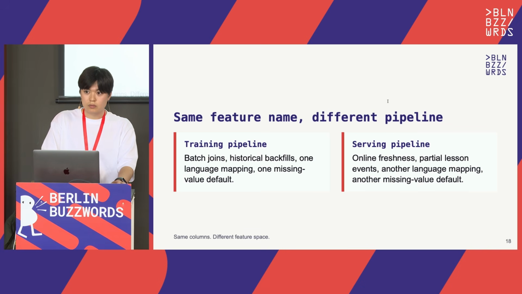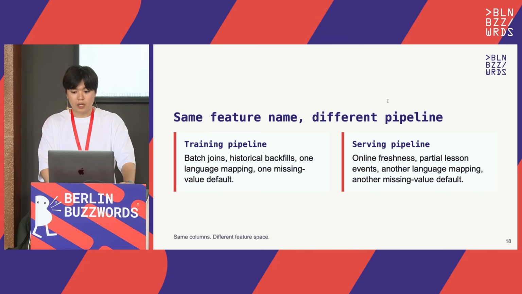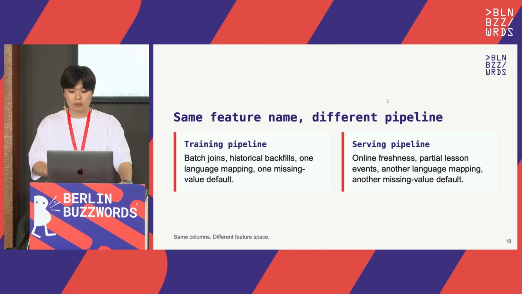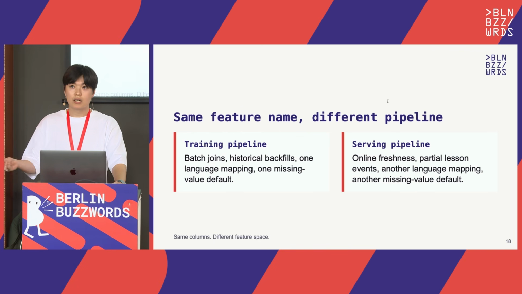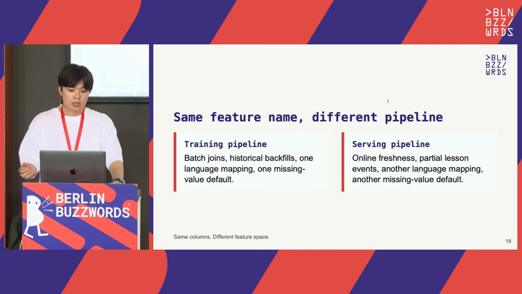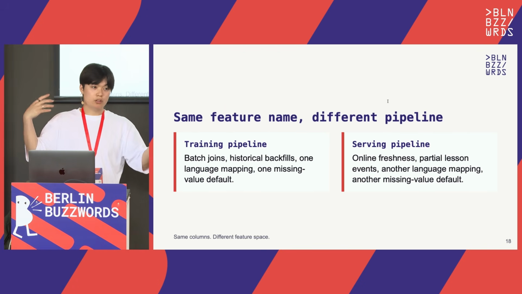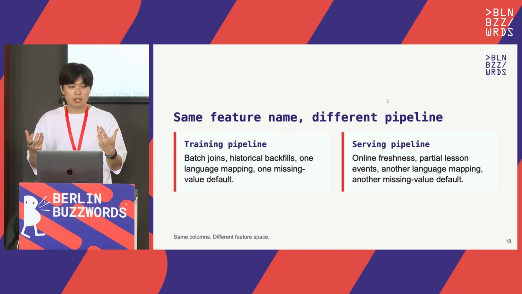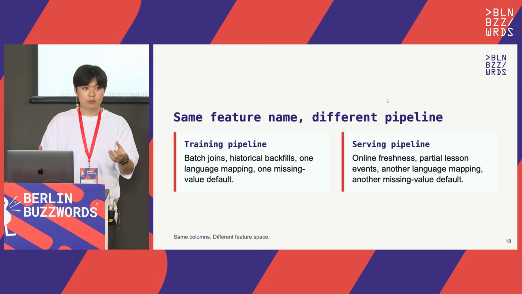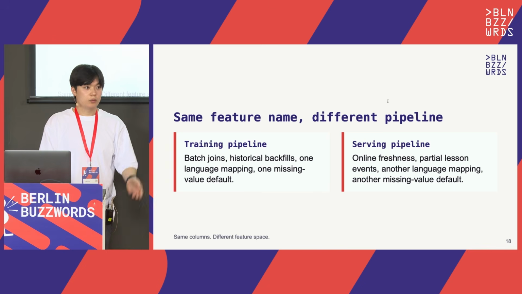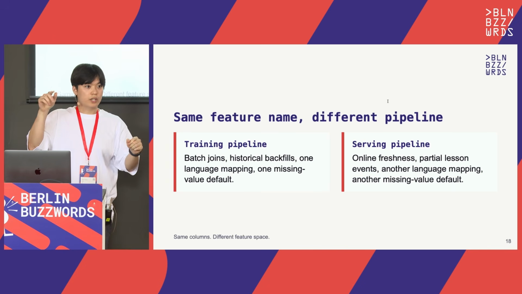But at some stage, the serving pipeline can evolve and change, and some values can change. For example, the default value can change, or even how the data is encoded. For example, previously the training and serving pipelines encoded the country in the same way. For United States, they encoded it into the US code.